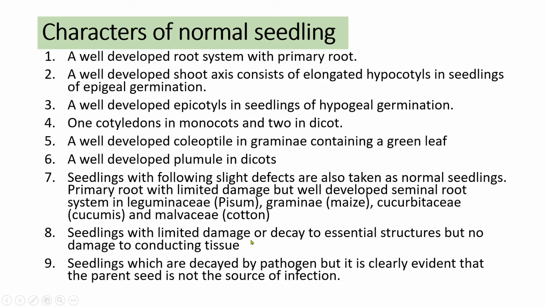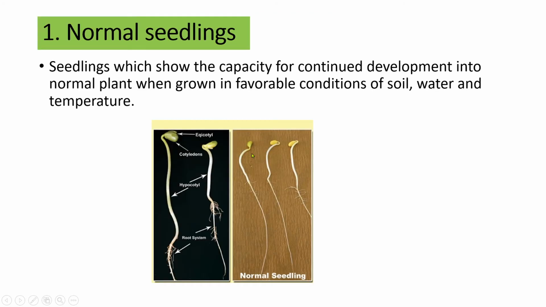Seedlings with limited damage or decay to essential structures but no damage to the conducting tissues. Okay, so what are essential structures? The cotyledon serves as a food material for the growth and development of the growing plant.